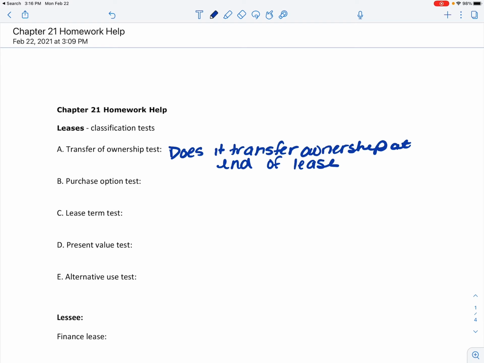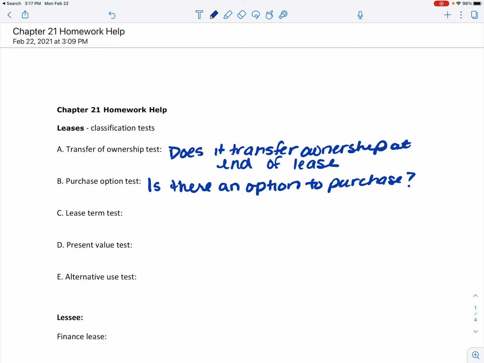The purchase option test: is there an option to purchase at the end of the lease? And you also want to look at, is the lessee reasonably certain to exercise this? Are they probably going to purchase it at the end?